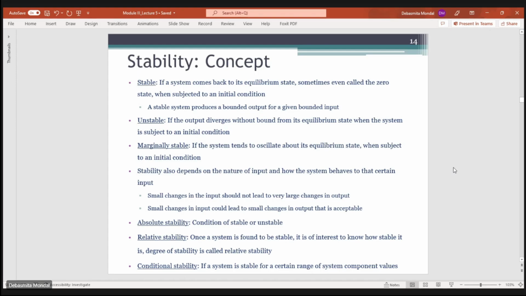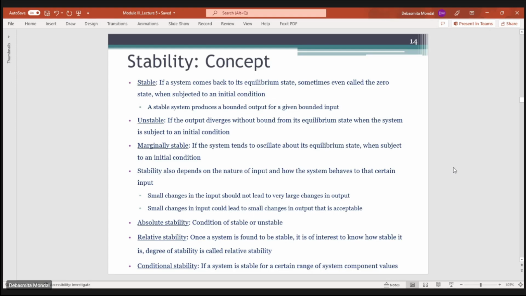That means if you have a bounded input to your system, then the output you get will also be bounded. Now if, for a bounded input, you have an unbounded output, that means the output is going to infinity with time, then you have an unstable system.